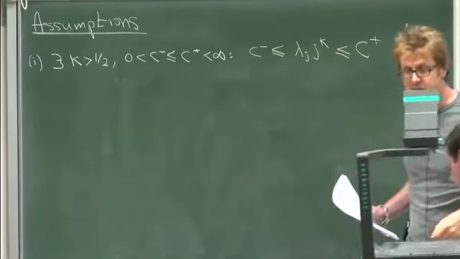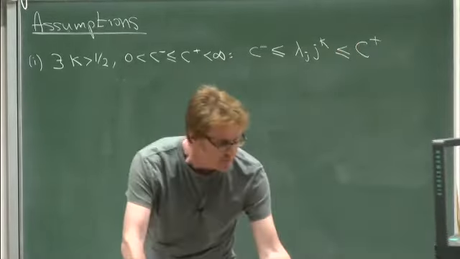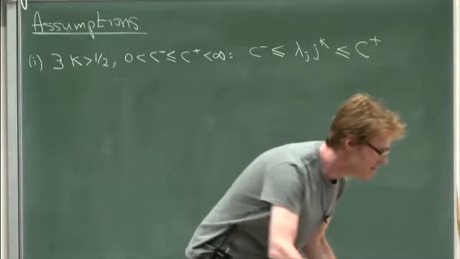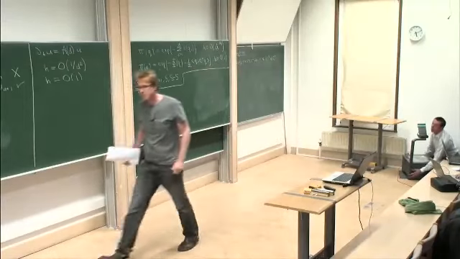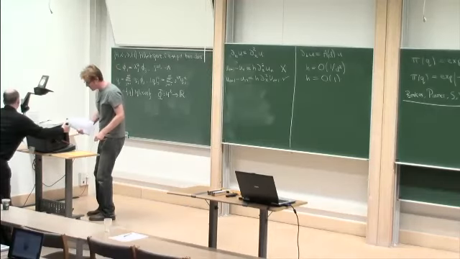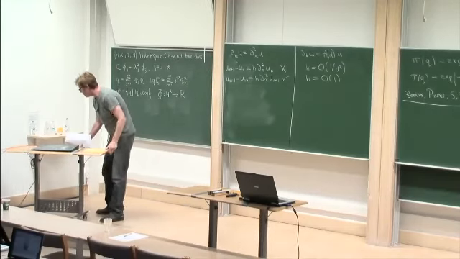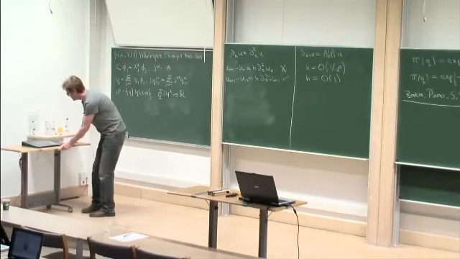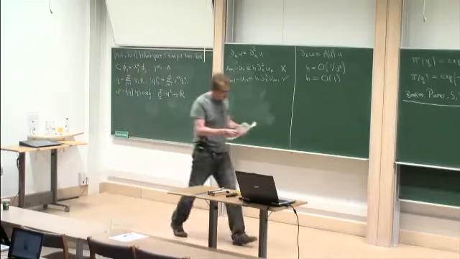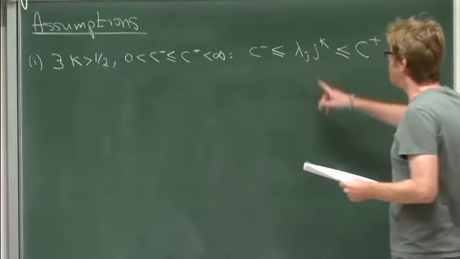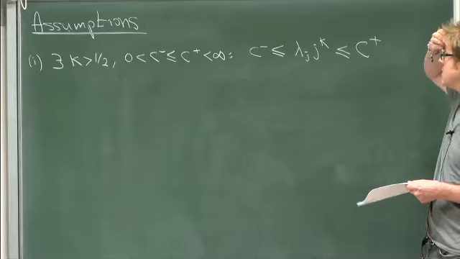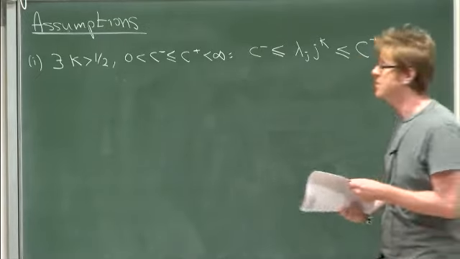And I'll give you a specific example of C if you want to be more concrete. k bigger than a half makes the trace class assumption work.